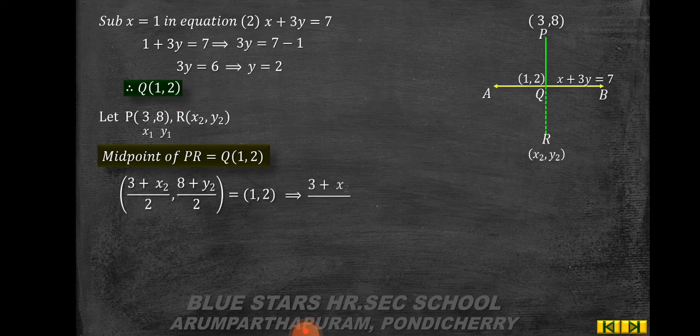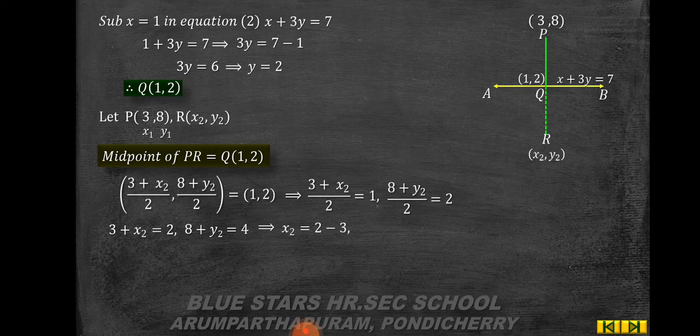Equating the x and y coordinates, (3 + x2)/2 = 1, (8 + y2)/2 = 2. So 3 + x2 = 2, and 8 + y2 = 4, which implies x2 = 2 - 3, y2 = 4 - 8. Therefore, the value of x2 is -1 and y2 is -4. Therefore, the point R is (-1, -4).